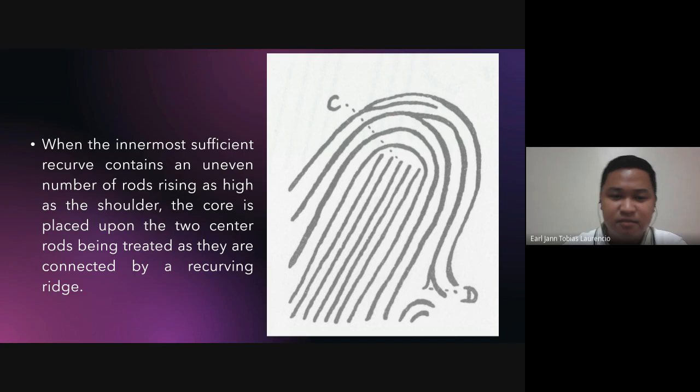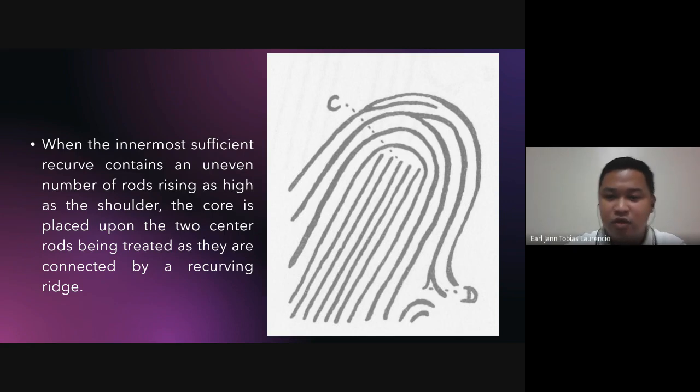So when the innermost sufficiency contains an uneven number of rods that rises as high as the shoulder, well, we know already what a shoulder is. That is the part of the recurving ridge, also known as the staple. The core is placed upon the 2 center rods, being treated as if they are connected by a recurving ridge.